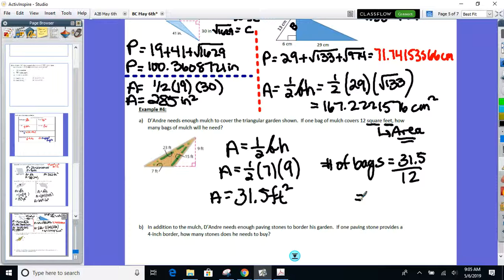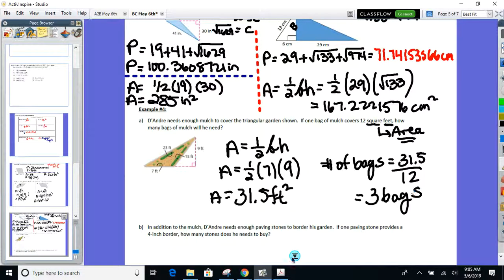So how many bags am I going to need to do the job? 3 bags. There's not going to be any directions that say round to the nearest whole bag. We're going to have to know I can't walk into a place and say can I get 2.625 bags? Doubtful. Other questions here?